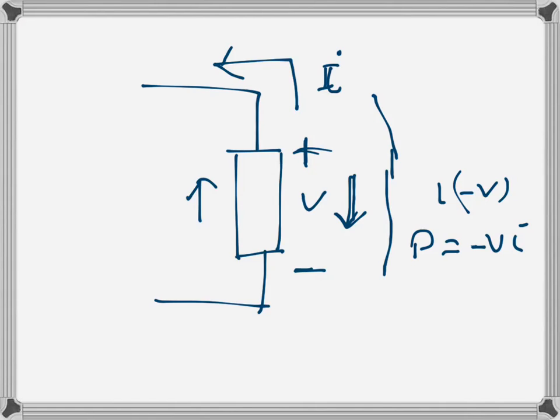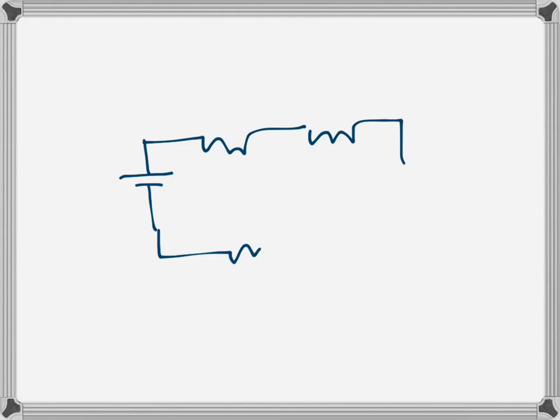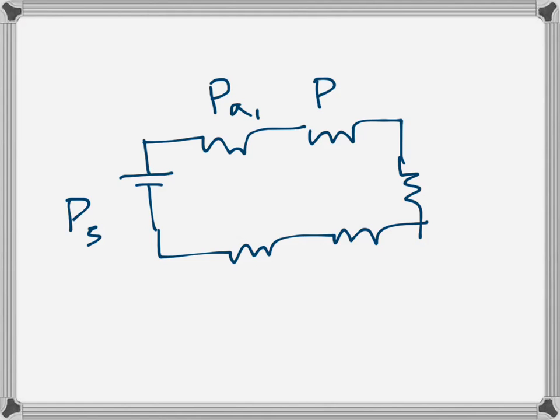For any complete circuit where there is a battery, let's say an EMF, some resistors, and there can be some other passive elements, it doesn't matter, we will have a scenario where this has to be power supplied, PS, and all these have to be power absorbed, PA1, PA2, PA3, PA4, and PA5.